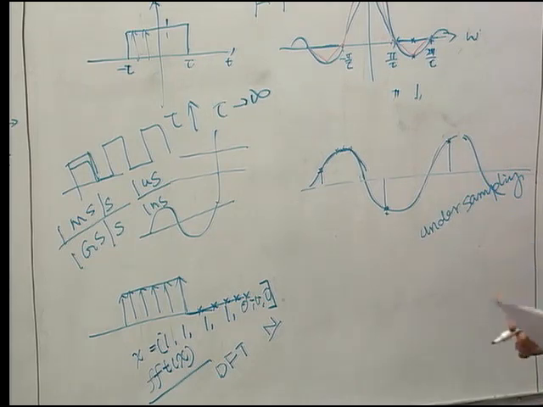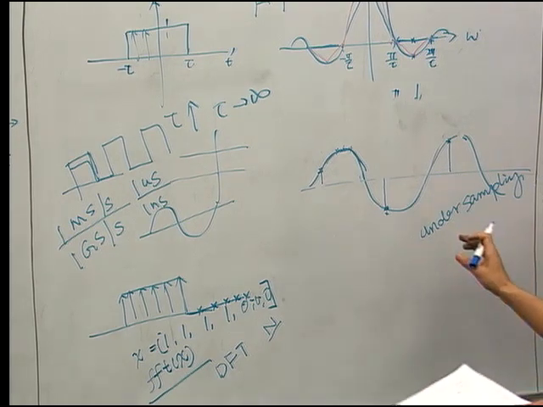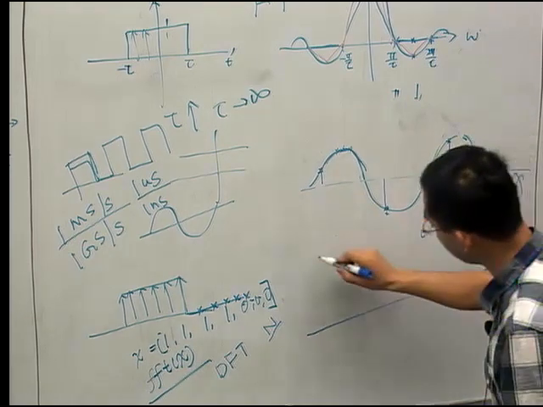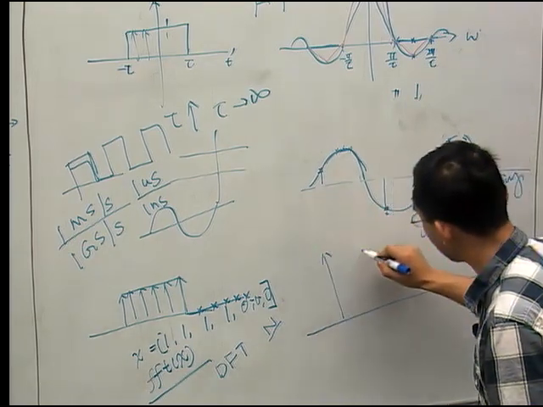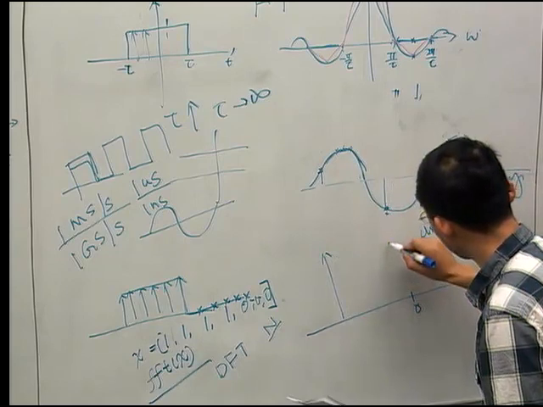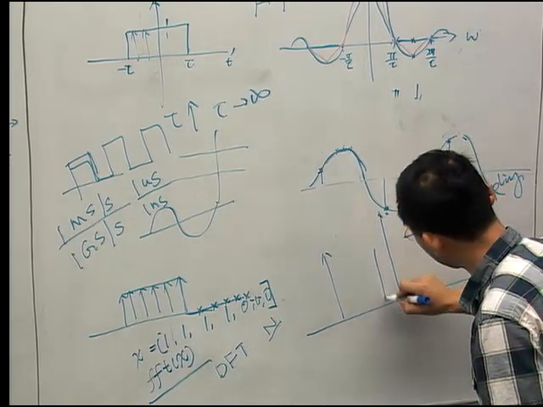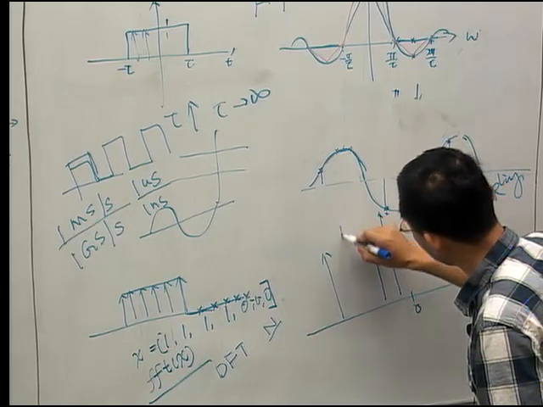I want you to catch that and fix it. Otherwise, if you look at the original spectrum, you have this one. If this is 0, it's this one, and maybe this one.